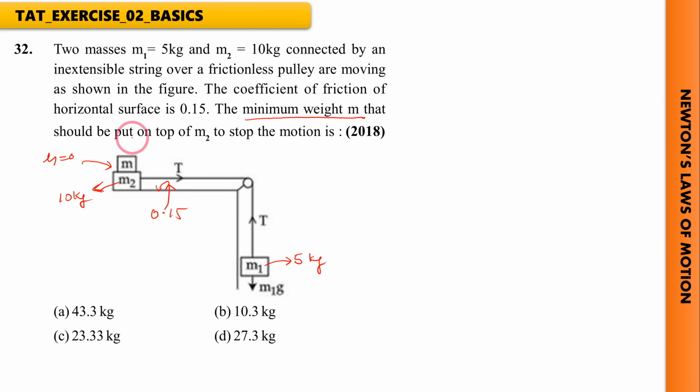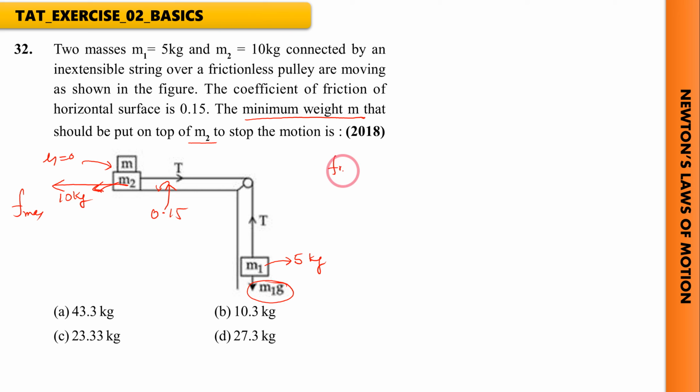Minimum weight M that should be put on M2 to stop the motion. See how the motion will stop. On this side M1g is acting, so on this side there should be friction force, right? Limiting friction force.